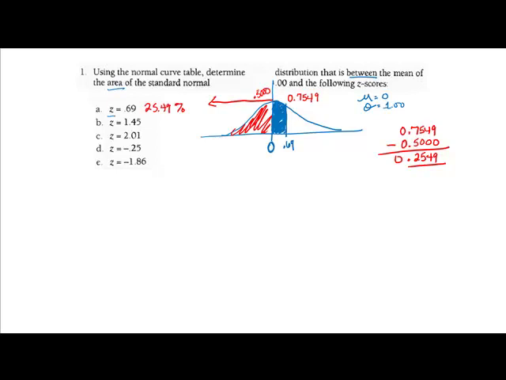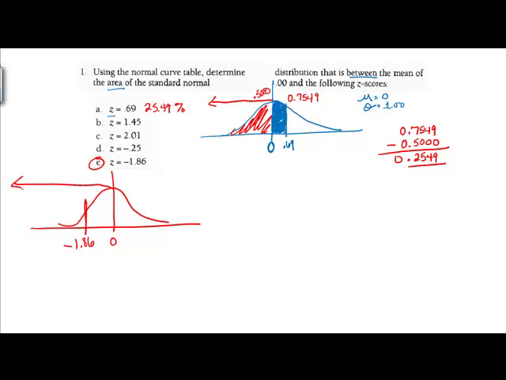Let's do a negative. Make this a little bit more difficult. Let's do E. First step, bucket on the floor, draw my normal curve. Question says between 0 and negative 1.86. So I know that from the 0 point backwards that the area under the curve is 0.5000.